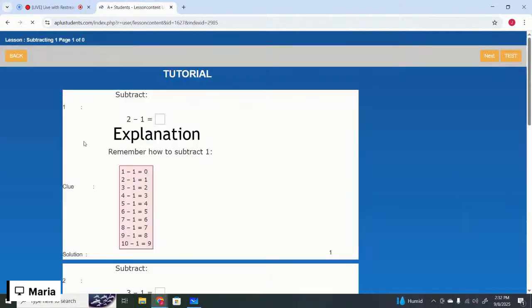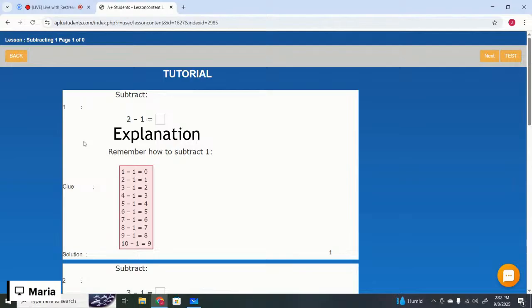So now we're going to learn how to subtract. Two take away 1. Subtracting 1 means we need to go back by one digit.